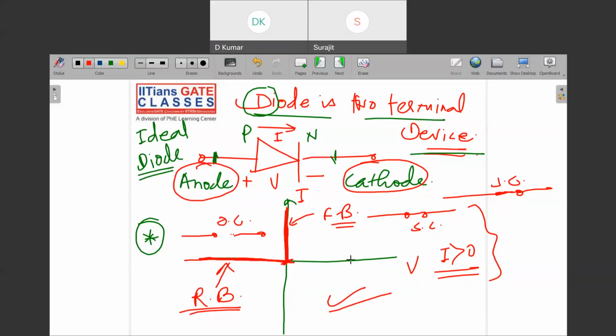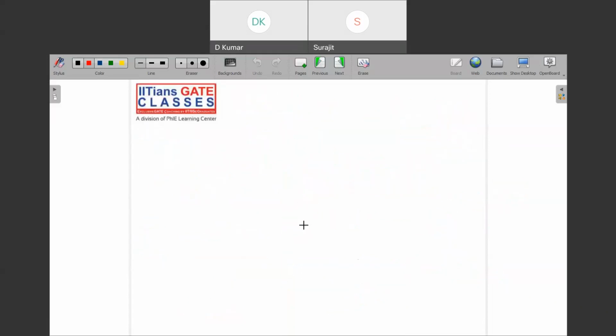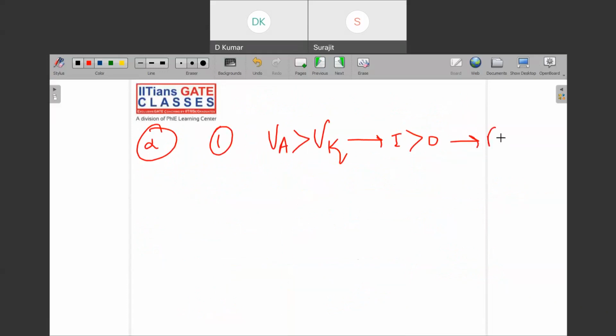So diode is very easy. Right now I'm talking about diode only. You have two conditions. The first one is if the anode potential is greater than the cathode potential and the current is greater than zero, that is forward bias.